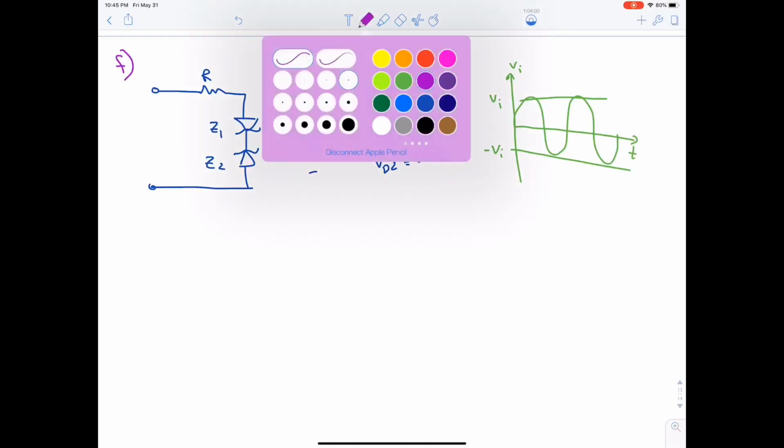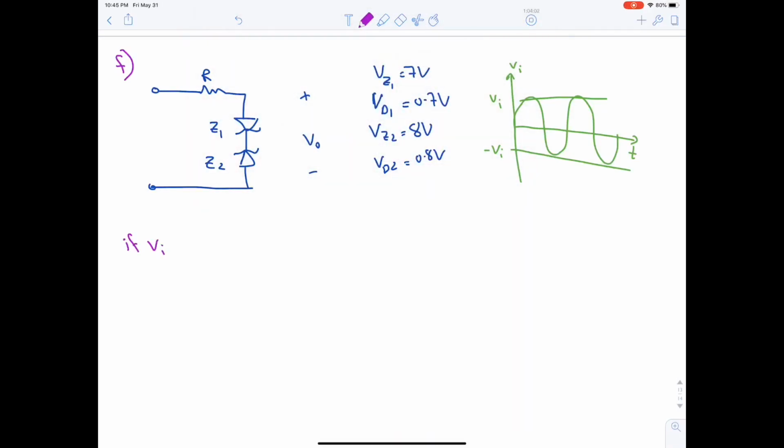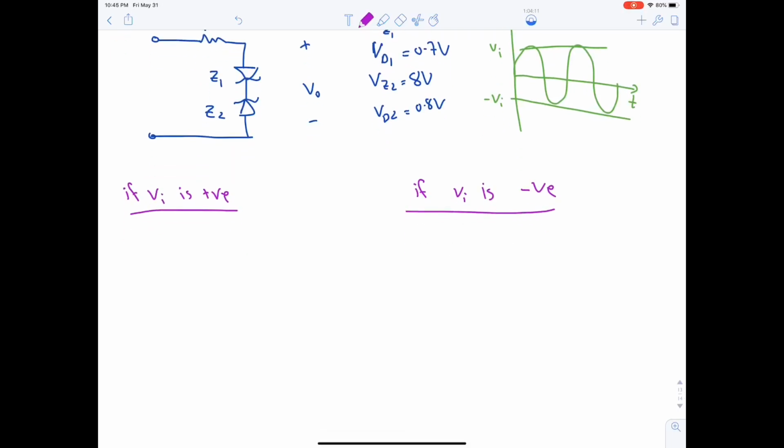We will say if VI is positive and if VI is negative. If VI is positive, the current is flowing clockwise. Z1 is off because of the polarities, and Z2 is on.